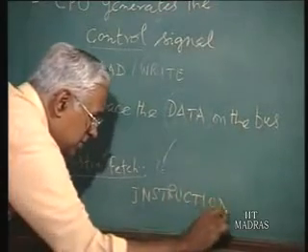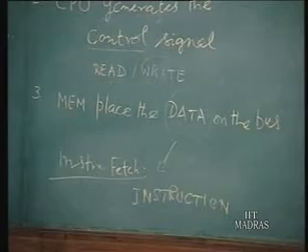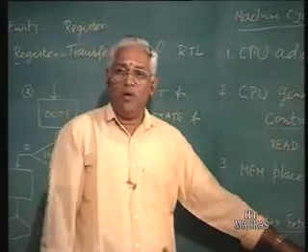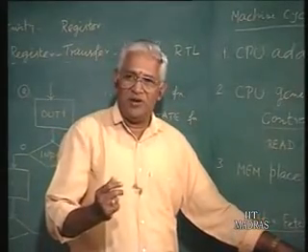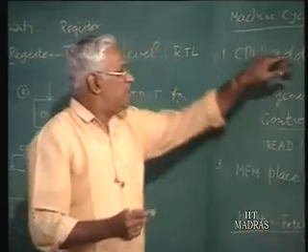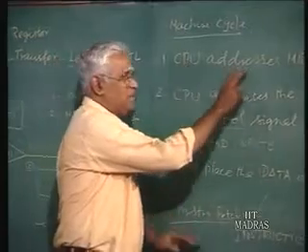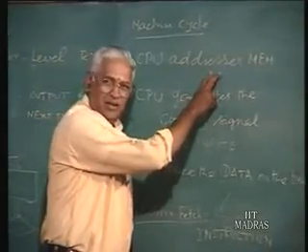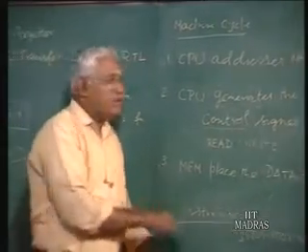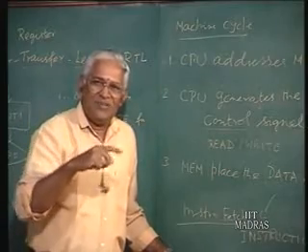And remember here, we don't know about the size of the instruction. The instruction may be a 1 byte instruction, or a 2 byte instruction, or a 3 byte instruction. So, assuming it is a 1 byte instruction, the CPU will place the address of that byte, it will get that byte. That's what it means. Now, if it happens to be a 3 byte instruction, the CPU must place the 3 addresses one after another.